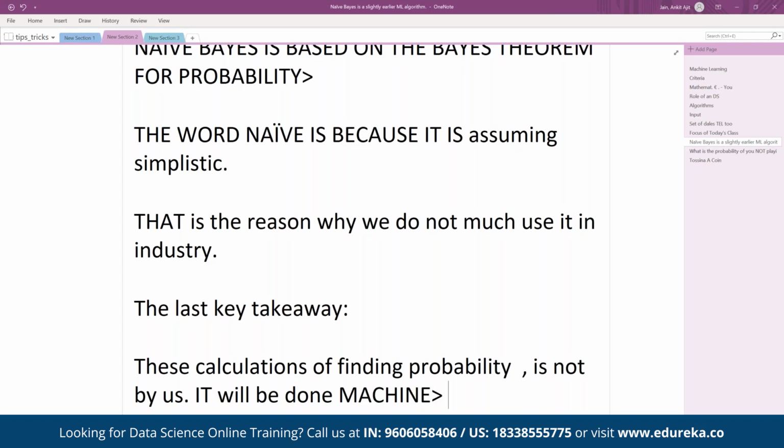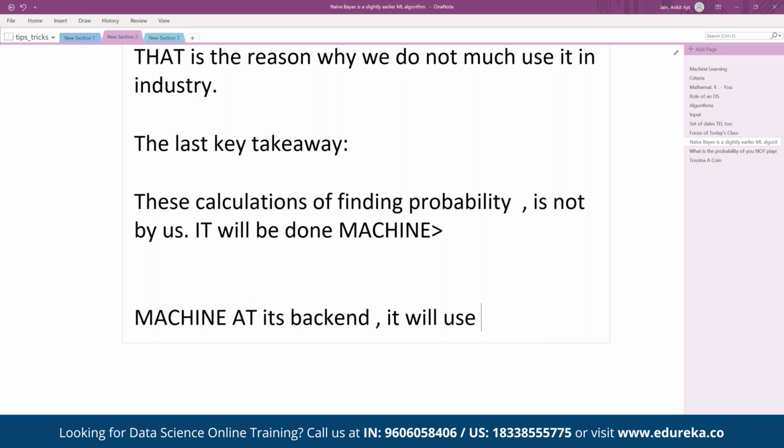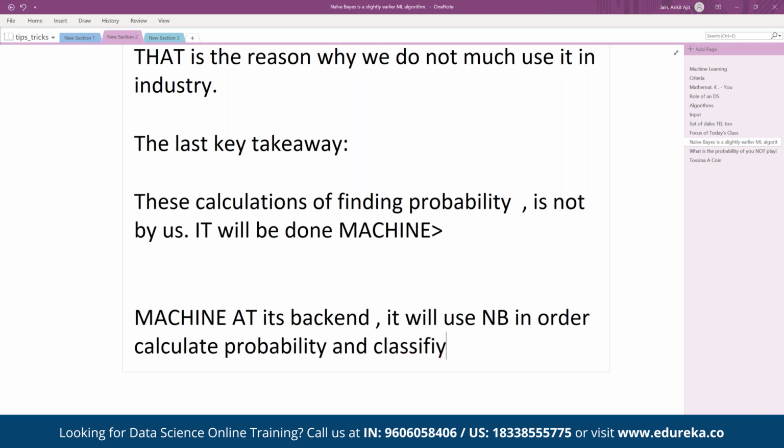That's why it's a machine learning algorithm. But what are we understanding? That the machine at its back end will use Naive Bayes in order to calculate probability and classify. Are you all understanding?